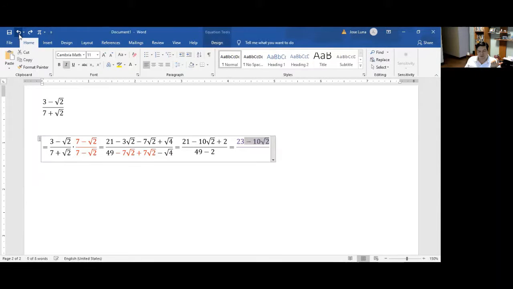So there it is. Now in the denominator, it's 49 minus 2, which of course is 47. And that's the expression. And with that, that's another example of dividing radical expressions or simplifying an expression in fraction form with a radical.